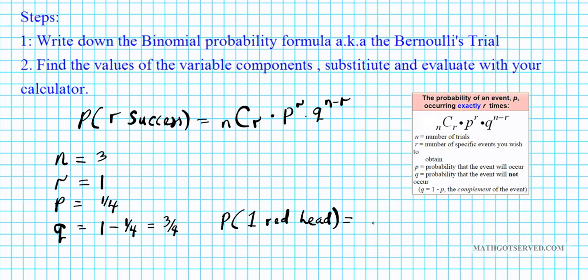Okay, so it is equal to out of three, you're choosing one. Probability of success is 1 out of 4 for one child. Probability of failure is 3 out of 4 for 3 minus 1, which is 2. Okay, so for success, 1 out of 4 for 1, 3 out of 4 for 2. And just plug this in your calculator and have your calculator do the work for you, okay?